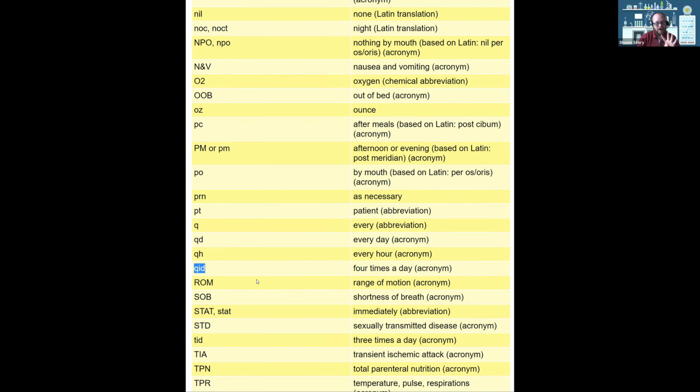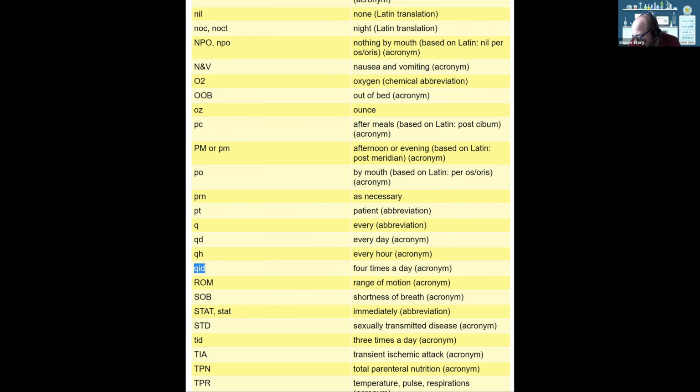Yes, quarter, quad is 4. A lot of these terms are actually acronyms for Latin terms. So they'll take the Latin phrase, quater in die, which literally means 4 times a day. So that's why we get the QID, because it's an actual Latin phrase.